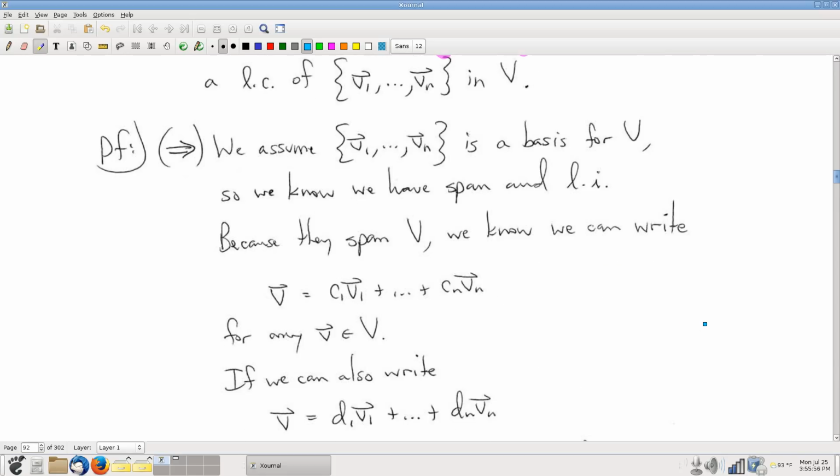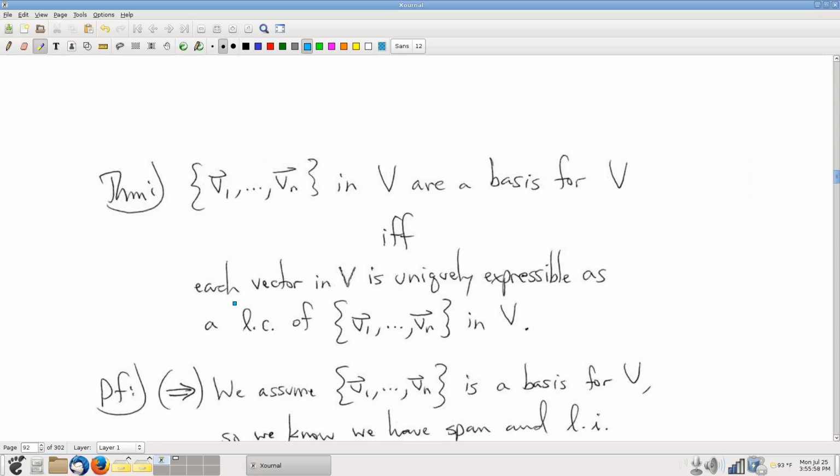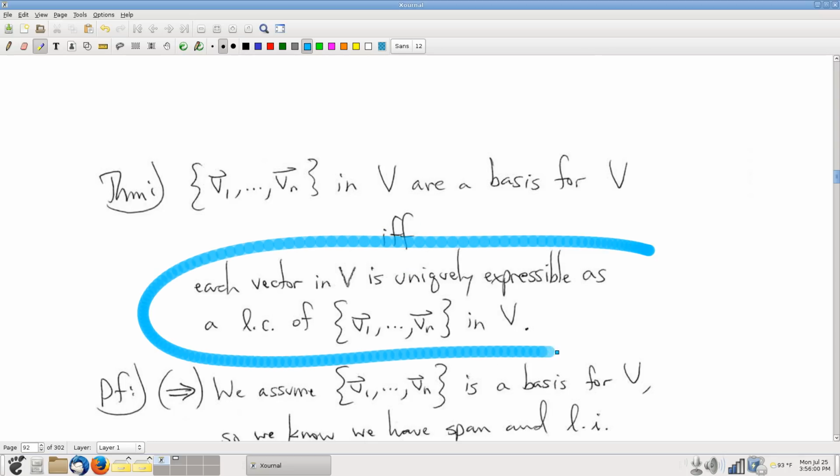Okay, so we've proved this theorem in both directions, and we now have a new characterization of what it means to have a basis. A basis is a list of vectors that gives you unique expressibility. Everything can be written as a linear combination of those vectors in exactly one way.